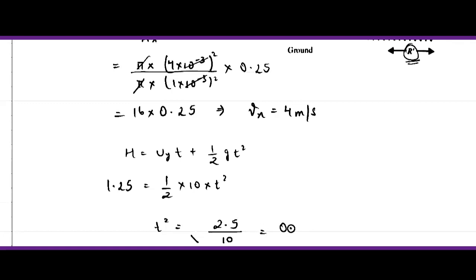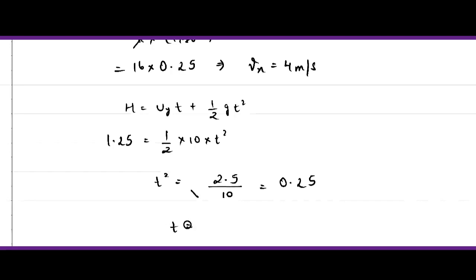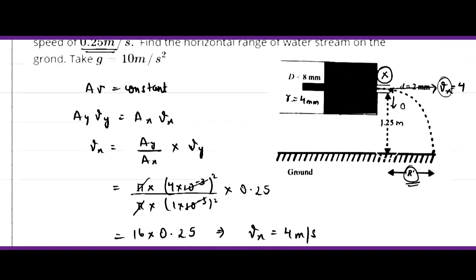So this will be 0.25, and if I take the square root on both sides I will get t equals 0.5 seconds. That means the water is taking 0.5 seconds to cover this vertical distance. Hence the water will take the same time to cover this horizontal distance also.